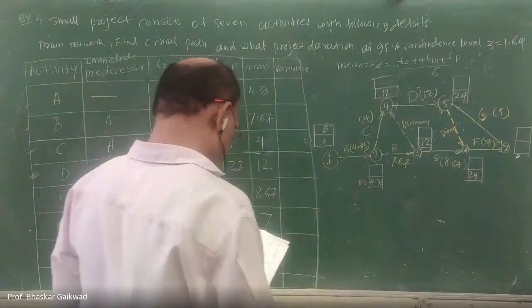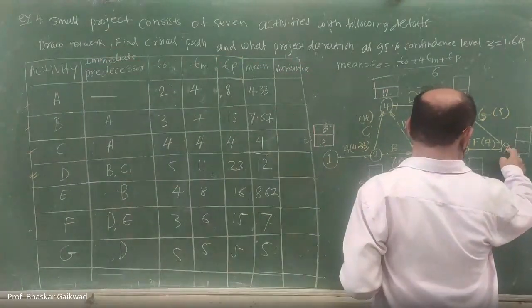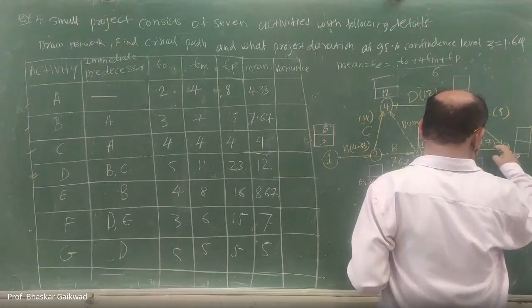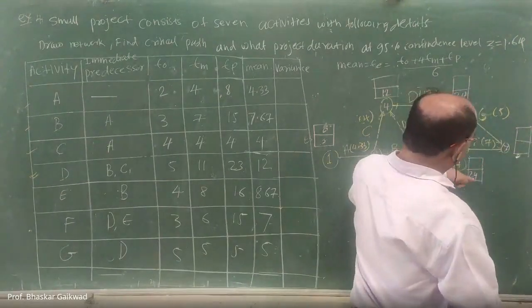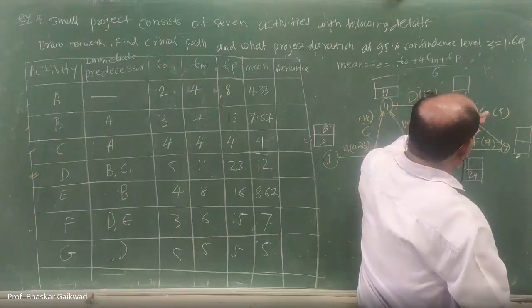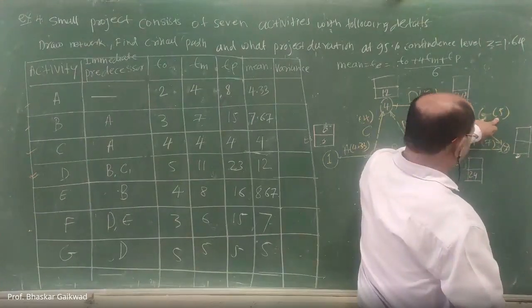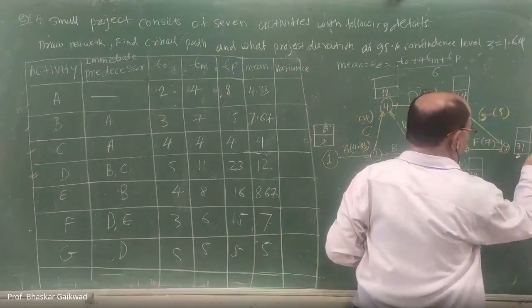Okay. After that, this is one activity, this is the second activity. So here, 24 plus 7, 31, and 24 plus 5, that is 29, which is the maximum, 31. So you can write 31.